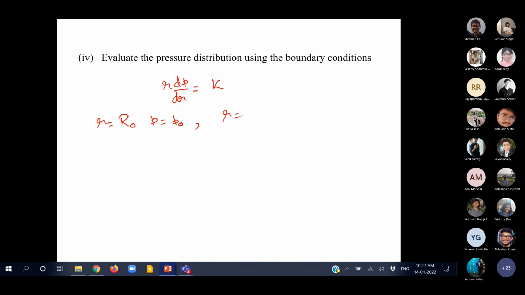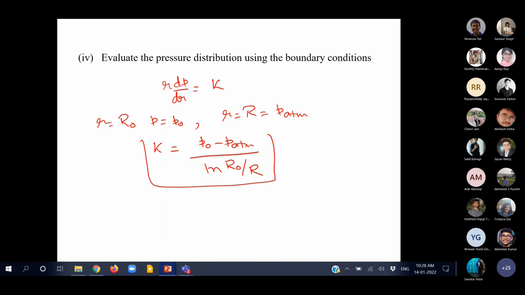And at R equals capital R, at the outer edge of the two disks, my pressure is equal to atmospheric pressure. So with this, I can calculate the expression for K, the constant over here. It's P0 minus P atmosphere over ln R0 by R. So that is the constant, and therefore P is equal to K ln R plus C1, and you can do the rest. I'll leave that for you.